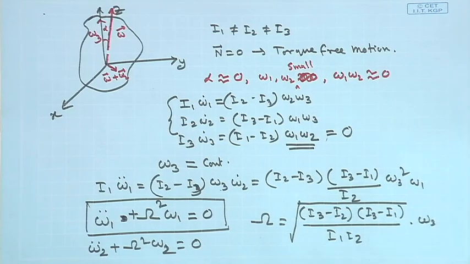But unfortunately, here it is not that straightforward, because this will give you an oscillatory solution if and only if omega is a real number. What I mean is, if whatever is under this root is positive definite, only then omega becomes a real number, and this gives you an oscillatory solution.